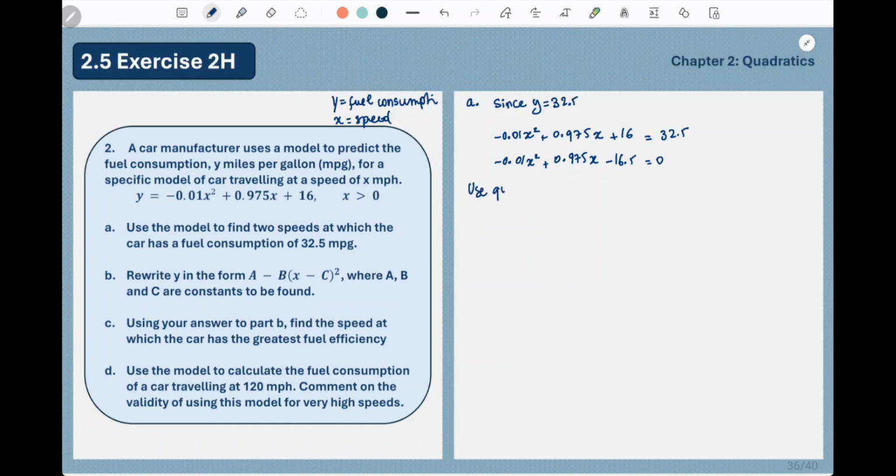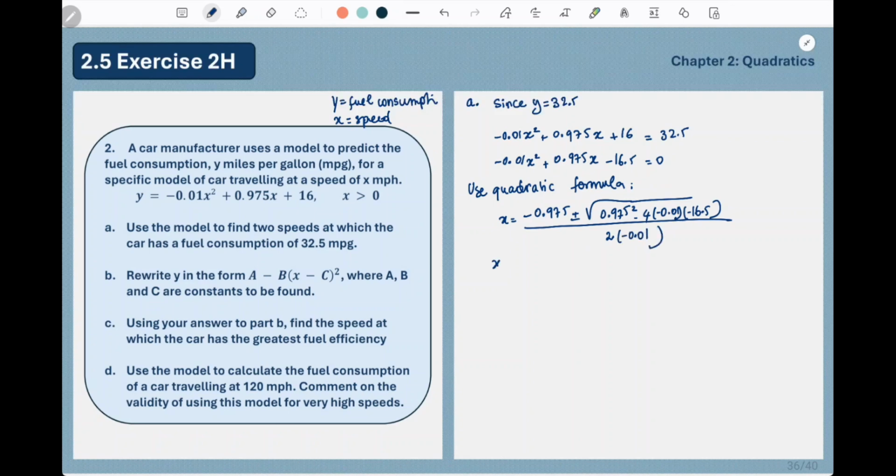Use the quadratic formula. So using the quadratic formula, we get x is equal to minus b, in this case 0.975, plus or minus the square root of b squared, that's 0.975 squared, minus 4ac, minus 4 times minus 0.01 times minus 16.5, and over 2a, which is 2 times minus 0.01.